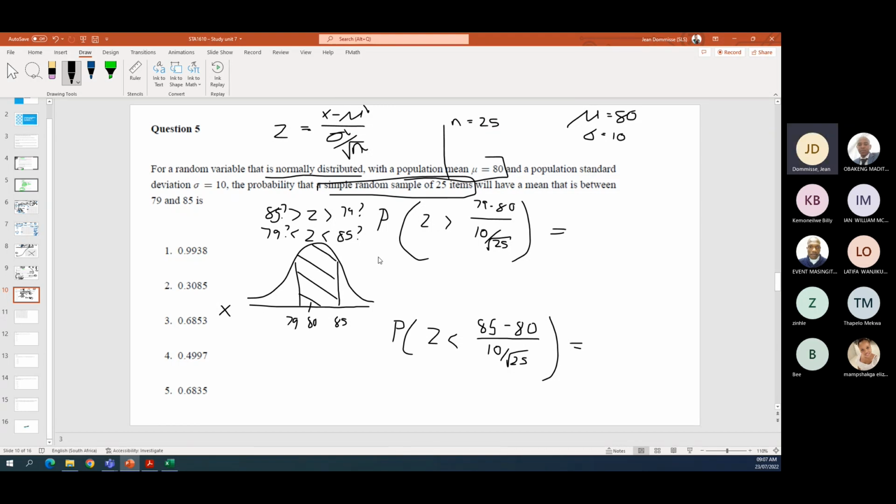Okay, so when we look at the 79, we get 79 minus 80. Very important, we start with a negative value. 10 divided by the square root of 25, so that is 10 divided by 5, which is 2. So minus 1 divided by 2 is minus 0.5.